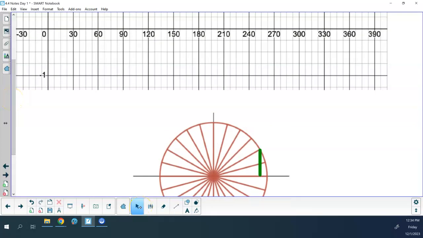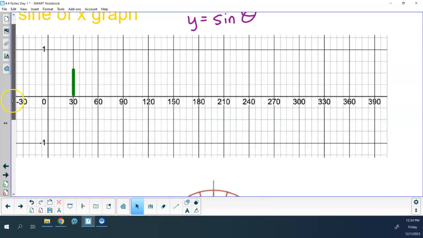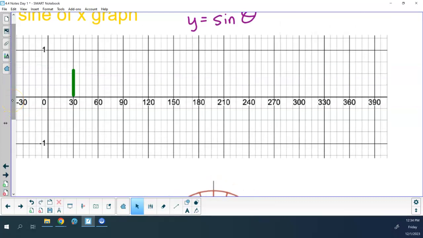You can either mark the spaghetti, or you can break off a piece of it, whatever you choose to do. Then you're going to take that measurement and apply it to your graph, and at the top of that, you're going to put a dot.